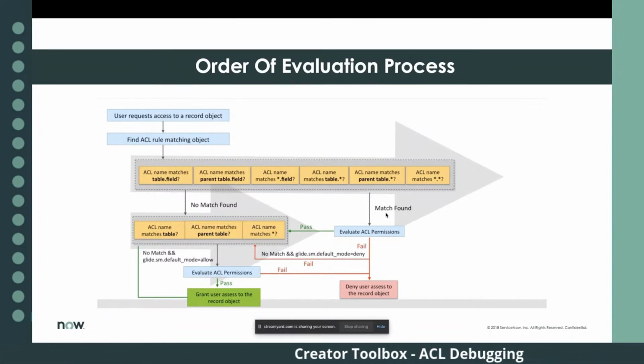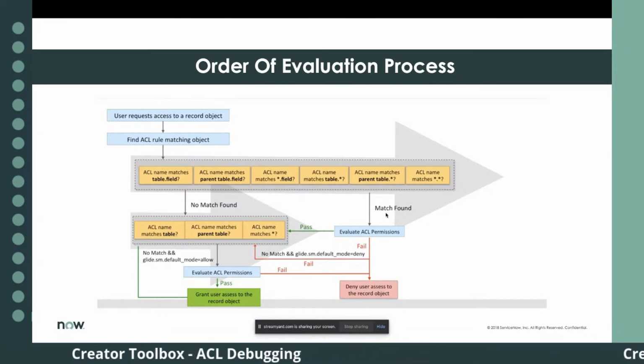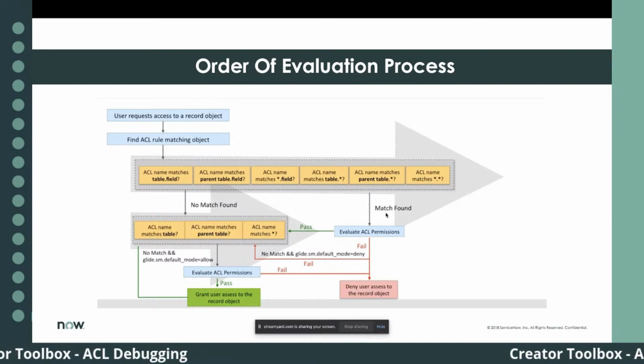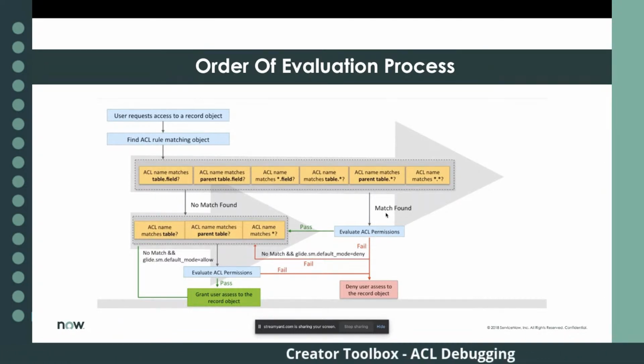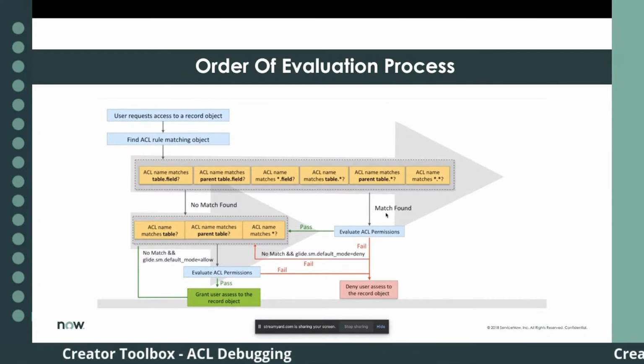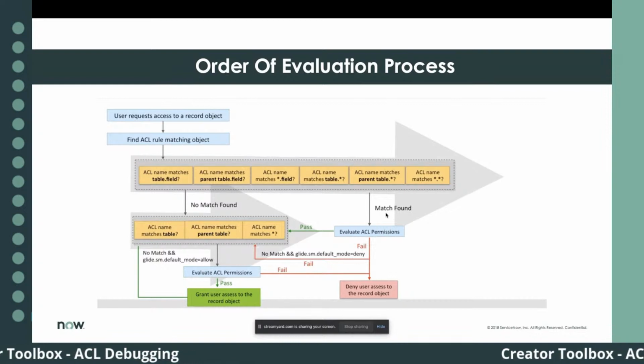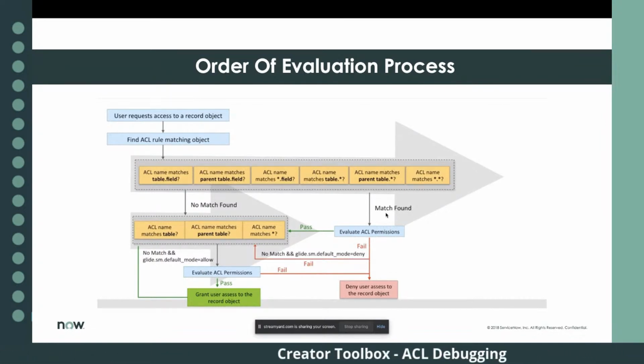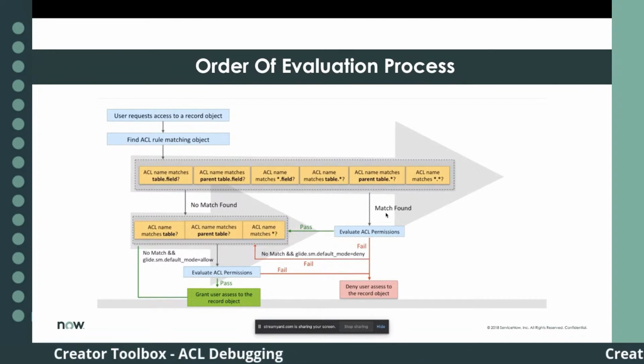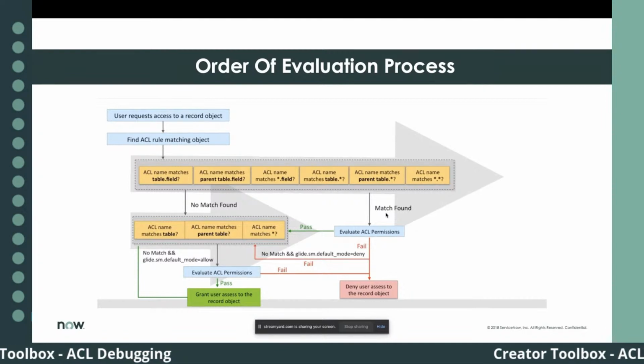Yes, and then it applies the same logic for the table. It will first evaluate the field level ACLs, and then it will go to the table level. If the field level matching record is found, the evaluation process goes to the table record. If there is a table level ACL, that is an incident table ACL, then it will pass the condition. If that is not present, it will check if the task table access condition is present.